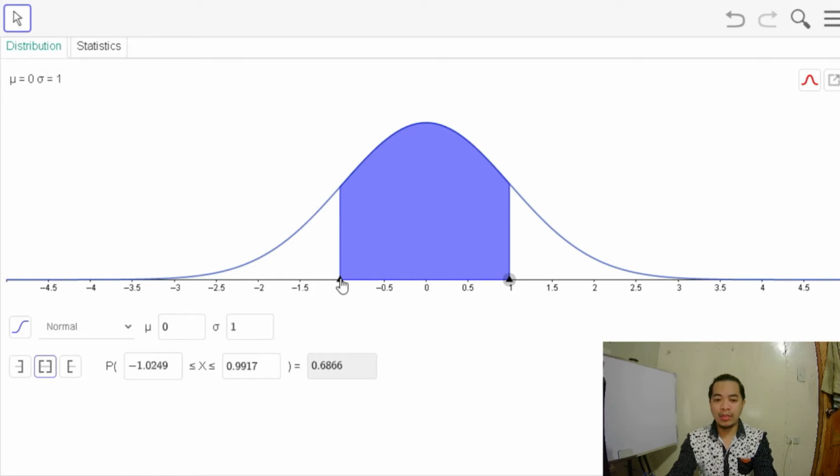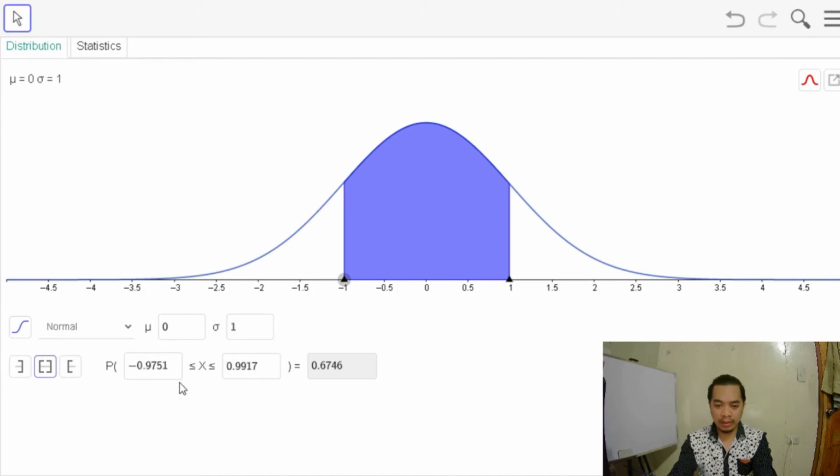So we can actually specify what we are computing. If we are computing the probability that a particular number is between two numbers, like this one, what we see here is the probability value. This 0.6746 is the probability value of a number.